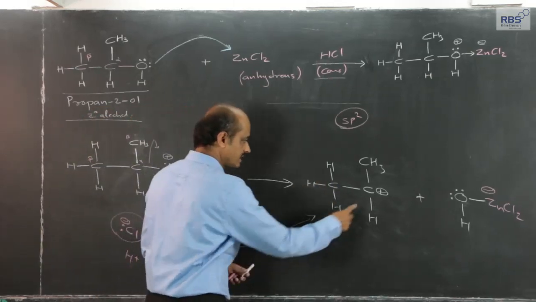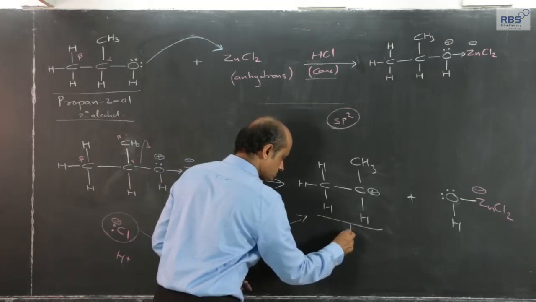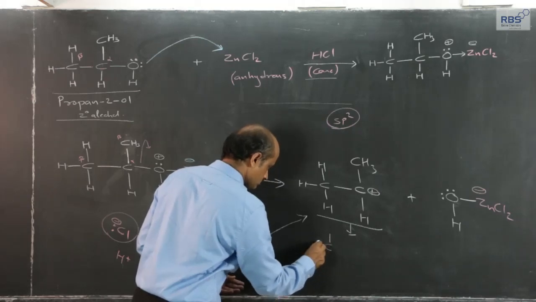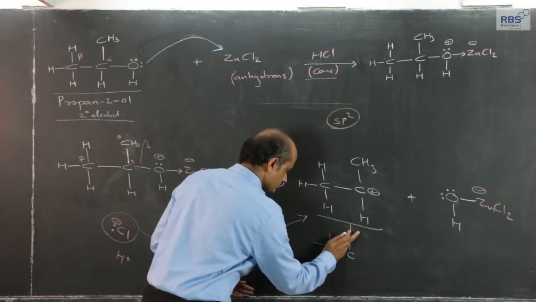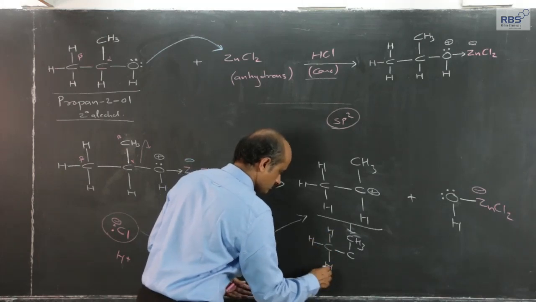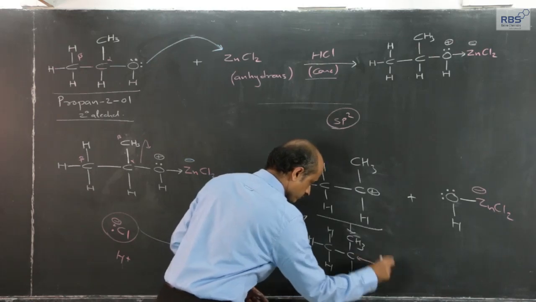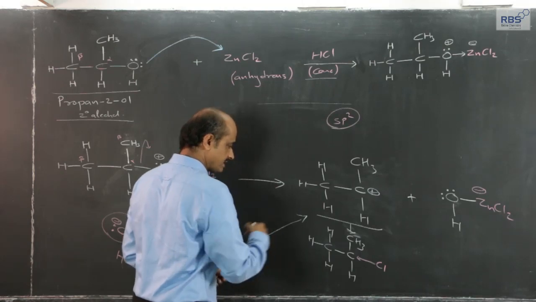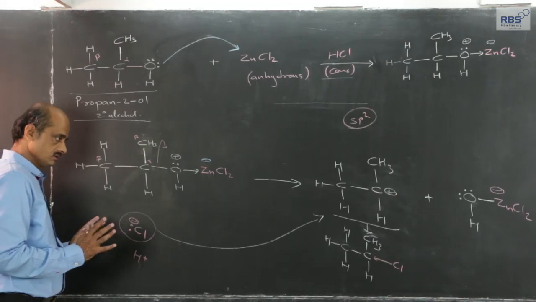The moment Cl minus ion attacks this carbonium ion, it forms a bond, and we get the same molecule. The product ultimately is similar.